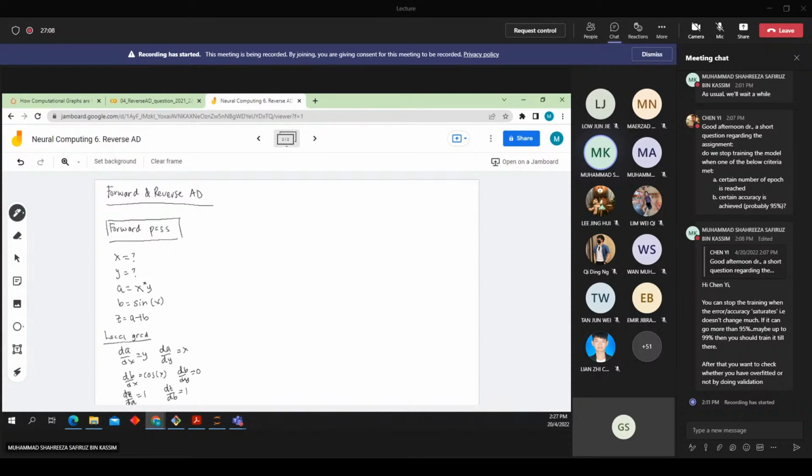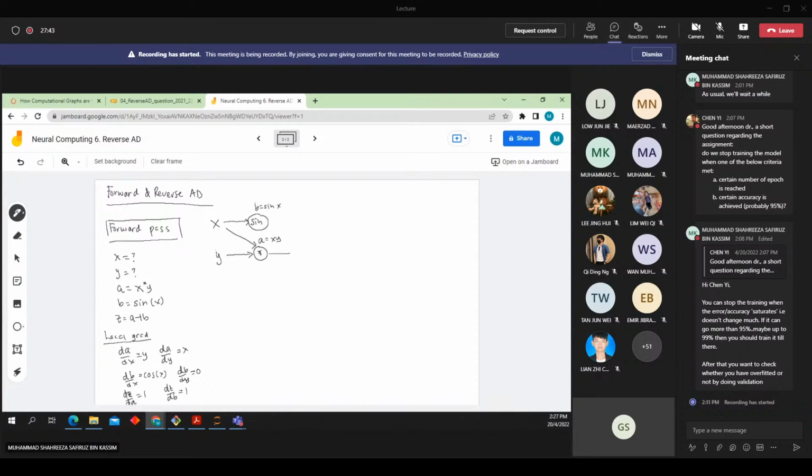So if we draw the computational graph again, this is what we did last week. So x and y over here. x goes to sine of x, so we have b equals sine of x. And then you have multiplication over here, so you have a equals x times y.